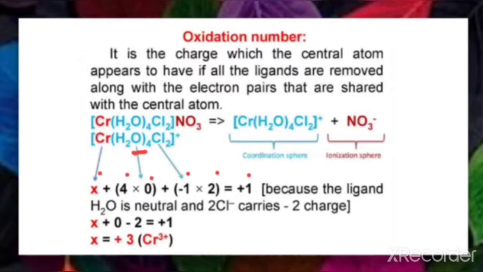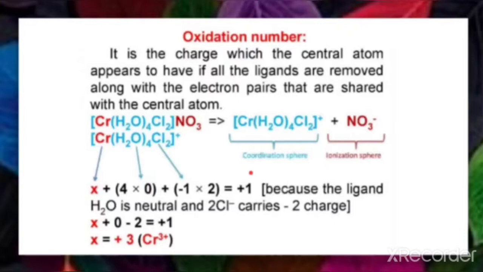Why? Because the overall charge here is plus 1. Look at the formula: there is a positive charge on that sphere, that is the coordination sphere. So all these charges must be equal to plus 1, the overall charge for this complex.